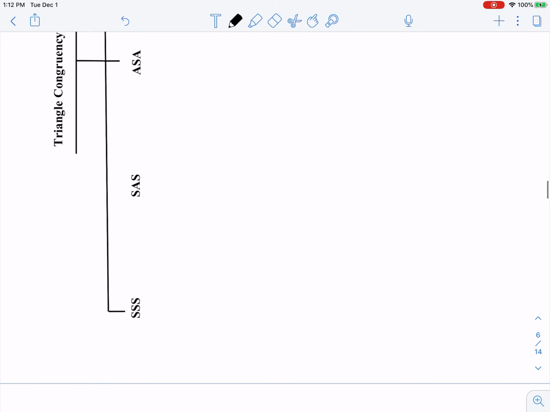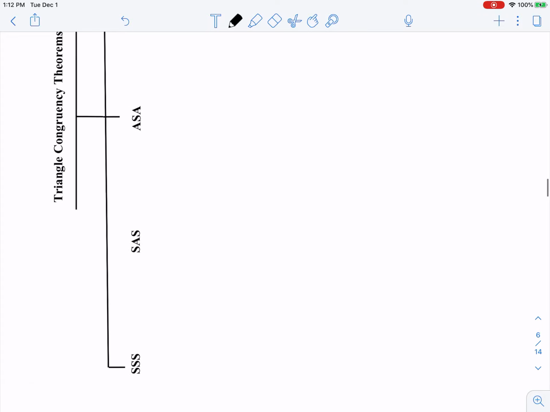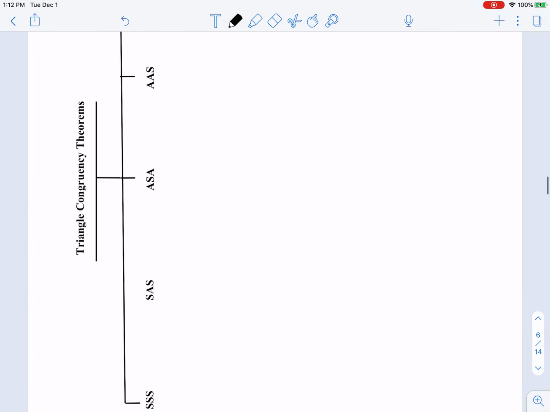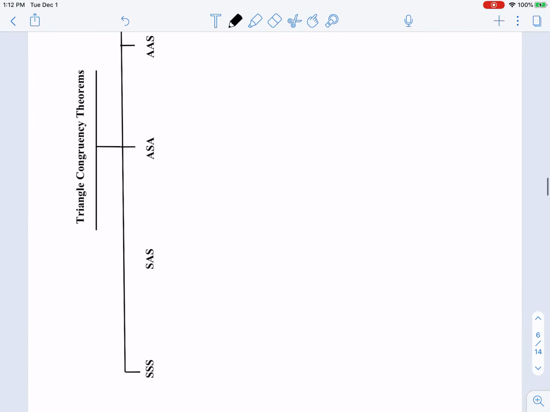Okay, so I used to not like these theorems, but the more I use them, the more I like them. Now the way I like to think about this is do all of this times 2. The reason I say SSS times 2 is because we're going to be comparing 2 triangles.